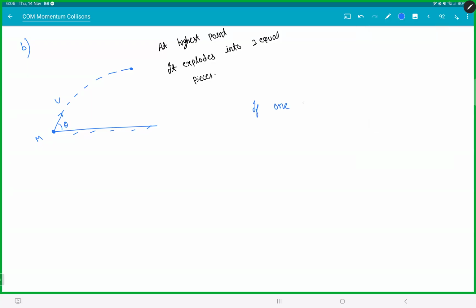If one piece retraces the path, find the position where the second piece lands. A similar one with three pieces is more complex. This thing is one piece retraces the path. Generally, the options will be from the initial point of projection or from the point of explosion. They'll mention that, but let's find from the initial point of projection.